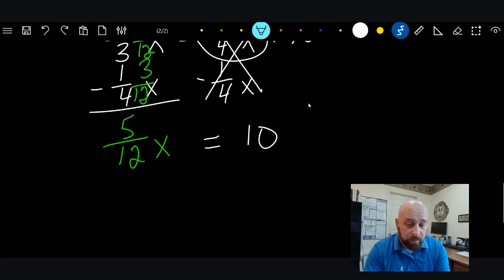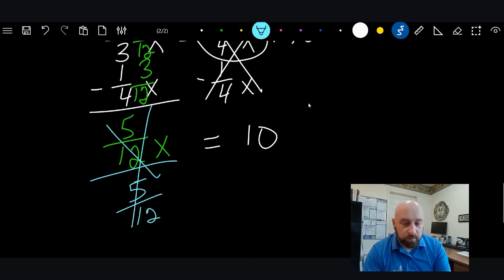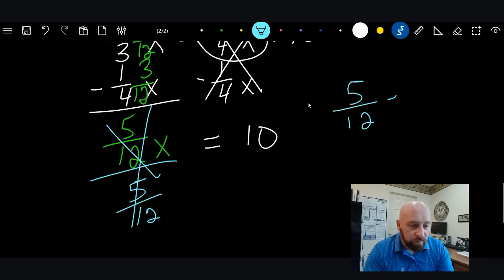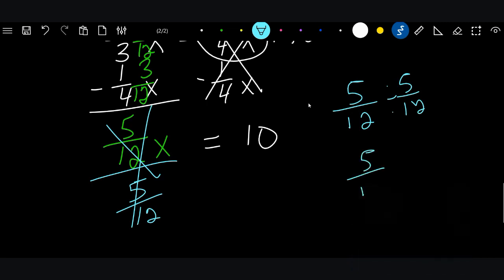You're also correct. And so if I divide this by 5/12, this is going to cancel. I'll show you that right here. 5/12 divided by 5/12. Well, don't forget we have to invert or flip it and multiply. Well, look what happens.